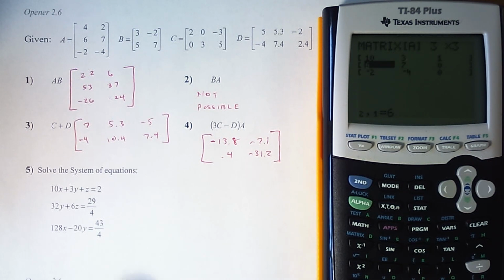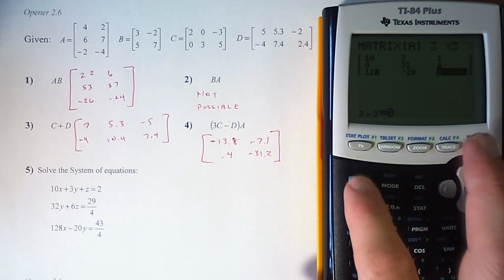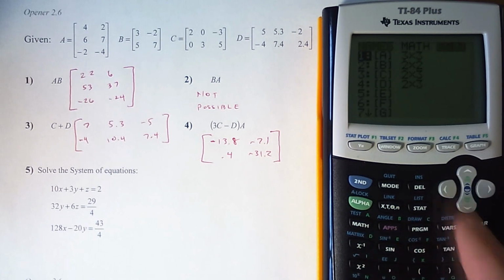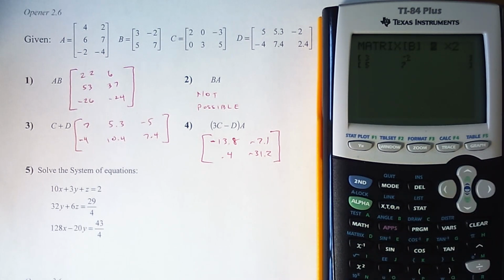And then I don't have an x in this second equation, so 0, 32, 6. And then 128, negative 20, and I do not have a z, so that would be a 0. And then I will edit matrix 2, and matrix 2 is going to be a 3 by 1 matrix.